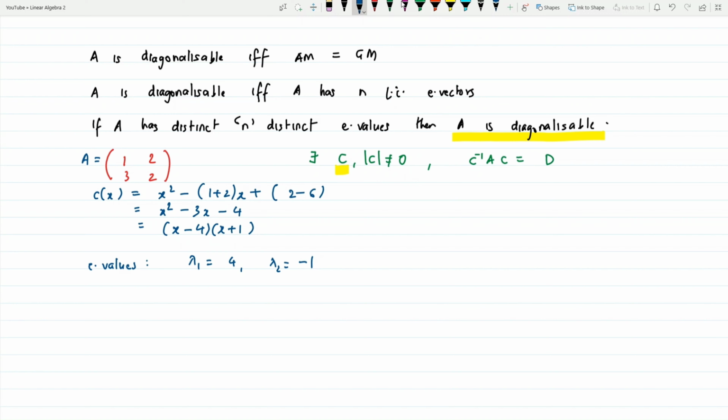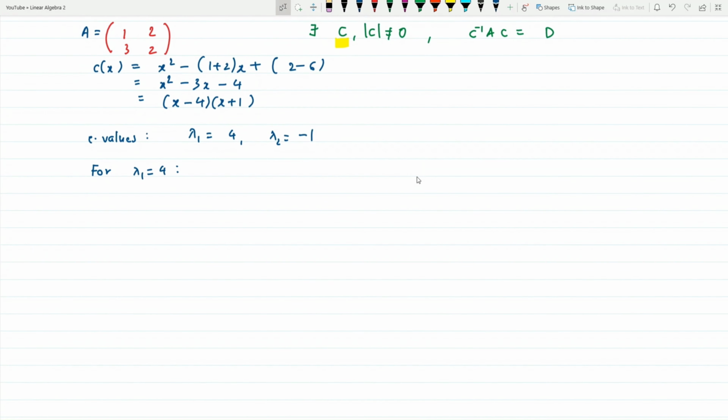To find matrix C, we need to find the corresponding eigenvectors for the eigenvalues which we have got. Now let's start with lambda equal to 4. Consider A minus 4 times I times x equal to 0, which gives us -3, 2, 3, -2 times x, which is x1, x2, equal to 0, 0.